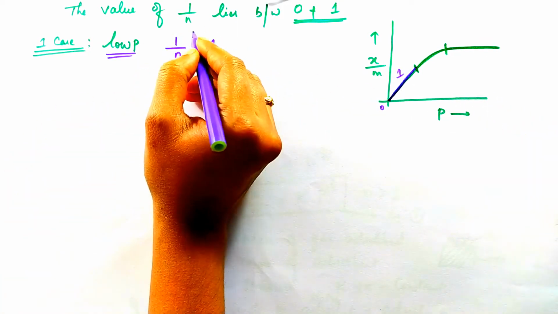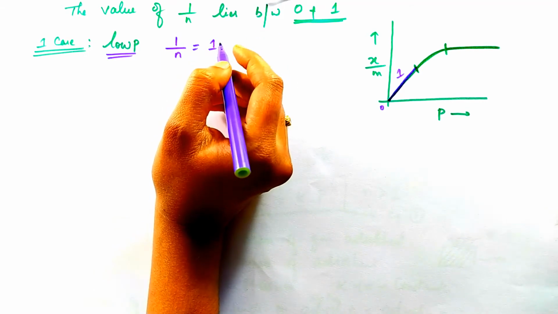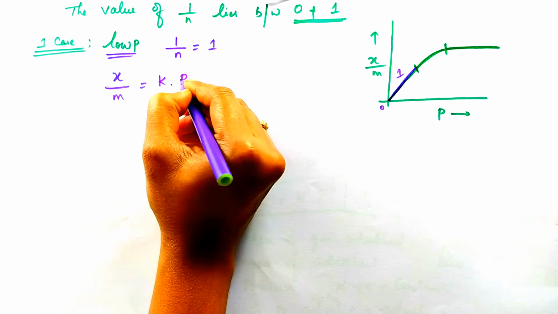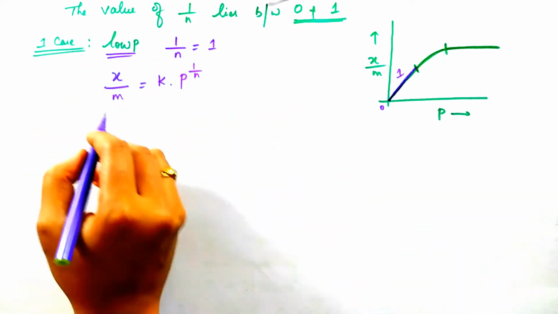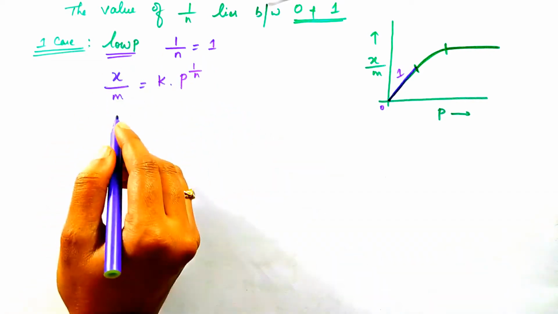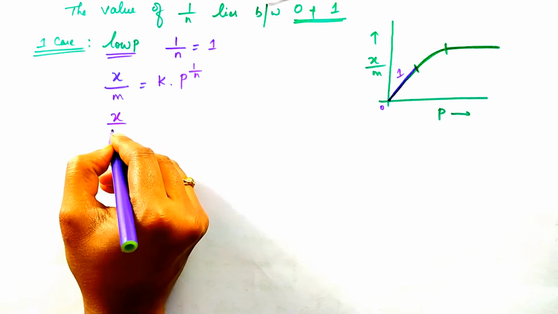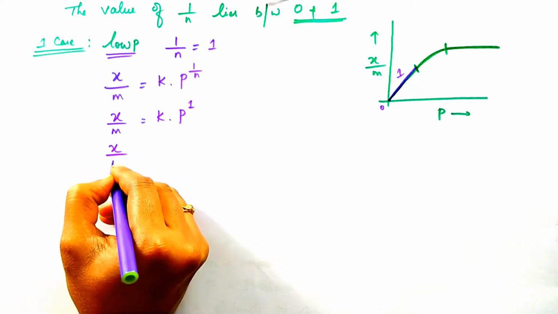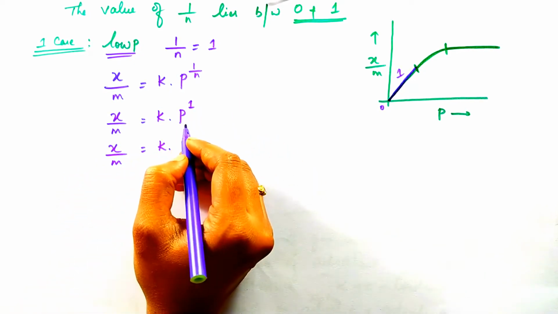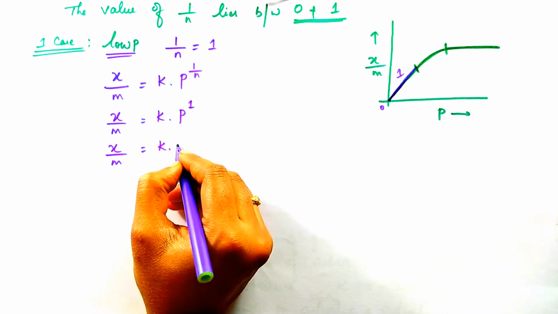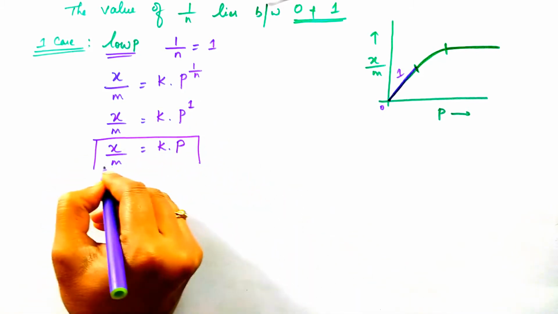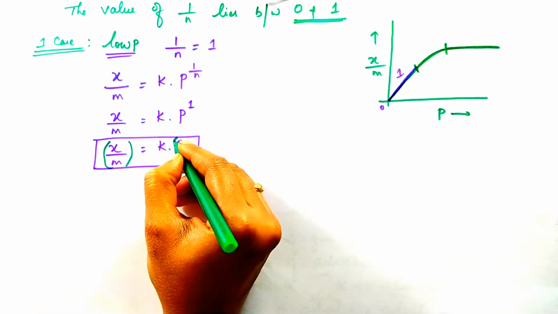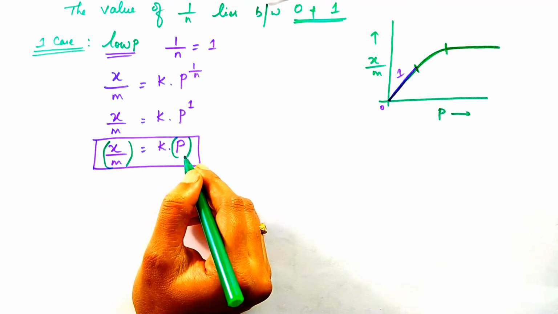Let us apply 1/n = 1 in equation 1, the Freundlich equation x/m = k P^(1/n). x/m = k P^1, that means x/m = k P. You can observe here that x/m is directly proportional to pressure.